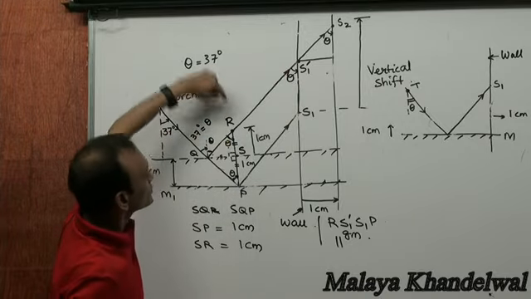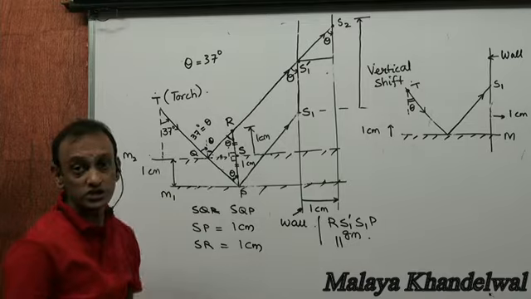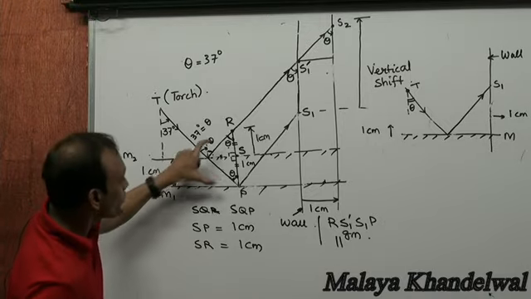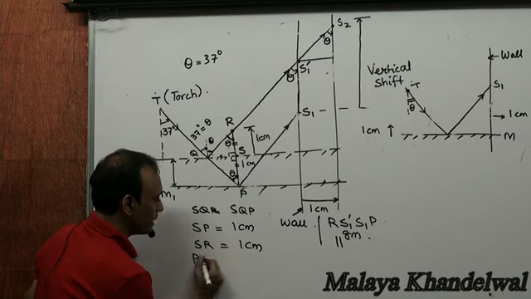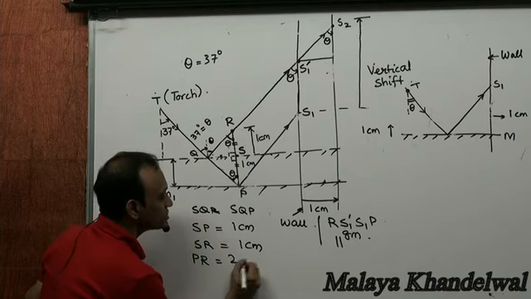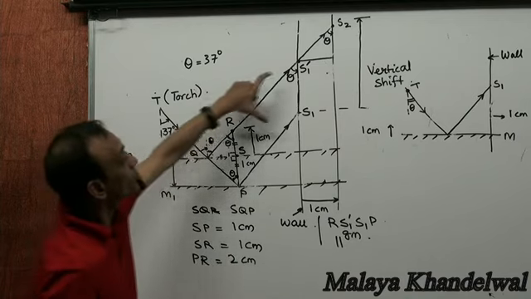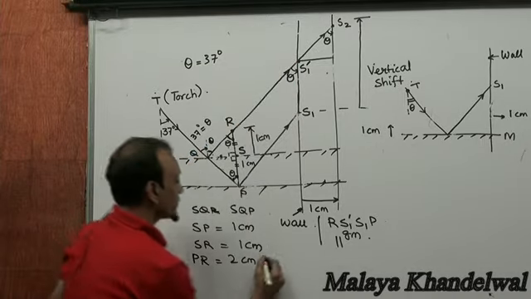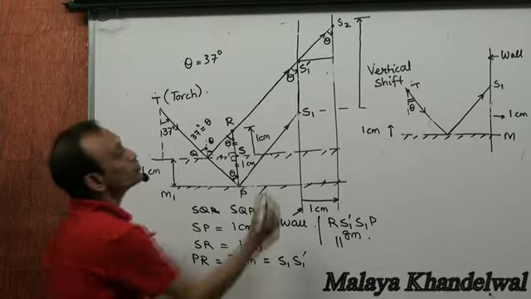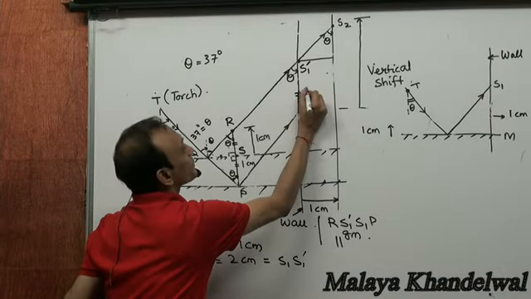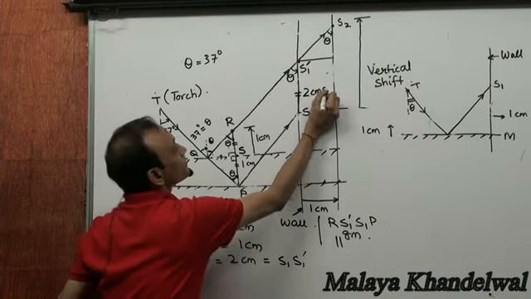The normal is parallel to the wall. So this is very clearly a parallelogram. So if PR is 1 plus 1, 2 centimeters, and therefore S1 prime will also be 2 centimeters. Clear? This is 2 centimeters.